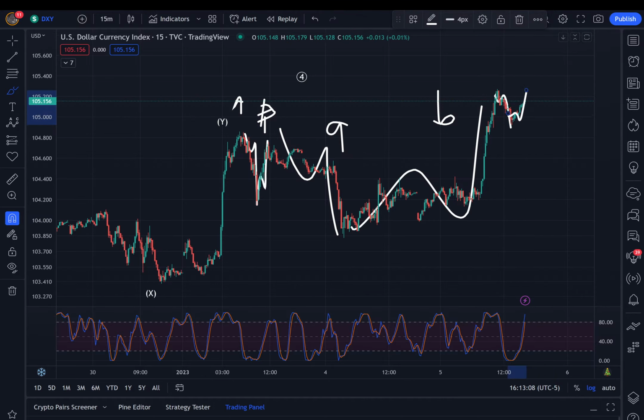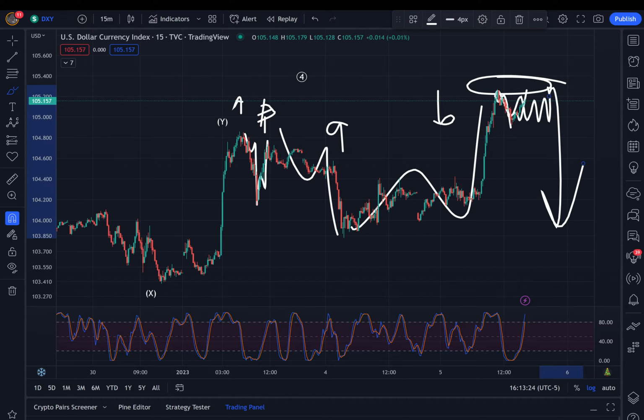This is the B wave of the pivot. Maybe you get another A wave, B wave. Maybe you don't. I don't know. But I believe that it's very likely that this serves as resistance. After this consolidation, you get your drawdown. That is the big move that everybody's been waiting for, okay?